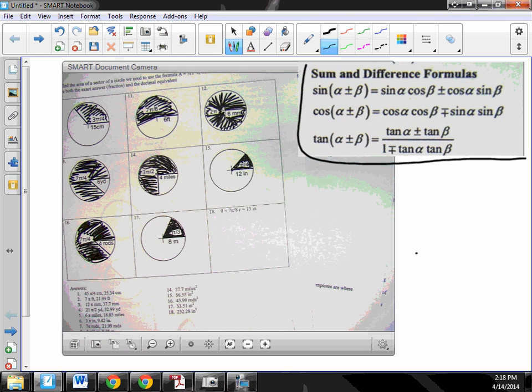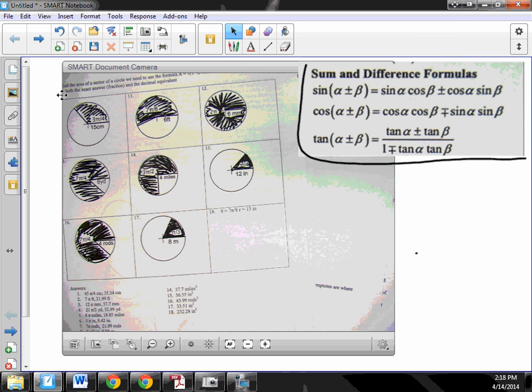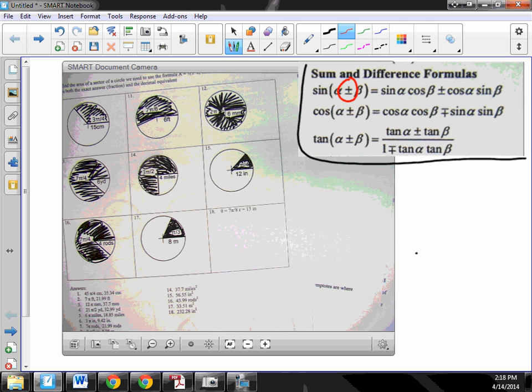So the sine of alpha plus or minus beta is the sine of alpha cosine beta plus or minus the cosine alpha sine beta. So each one of these is simultaneously a sum and a difference formula. What I want to point out is this plus or minus matches up with that plus or minus.